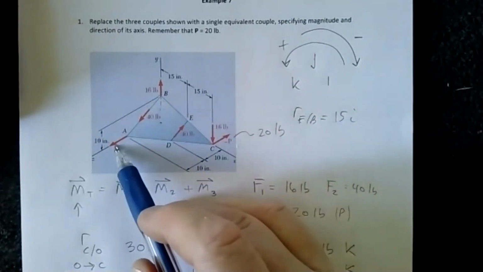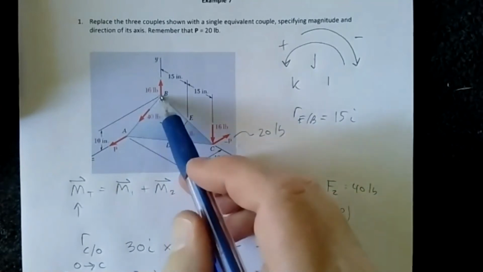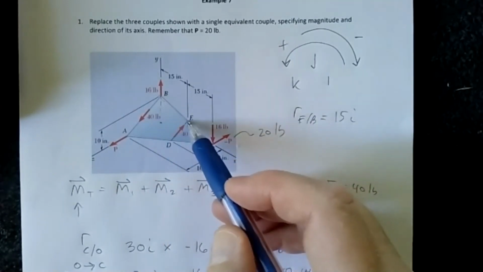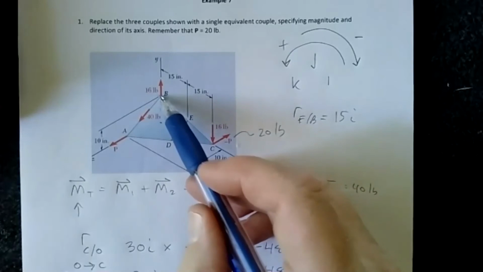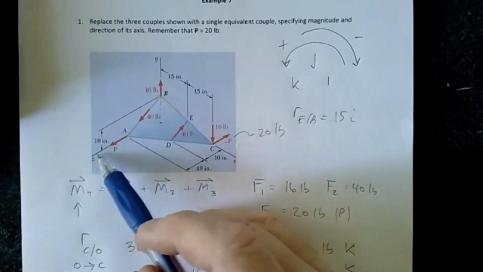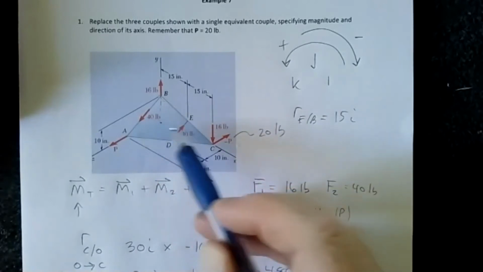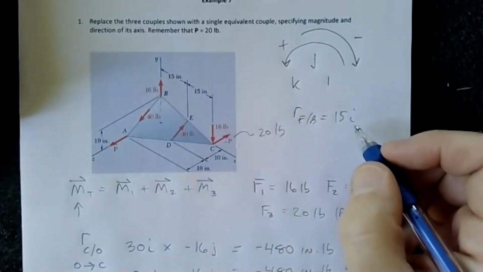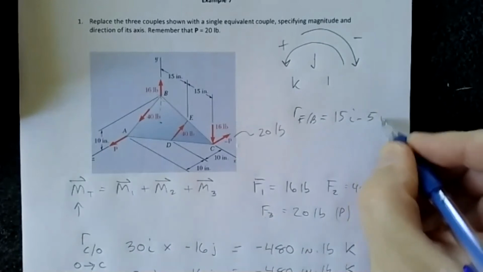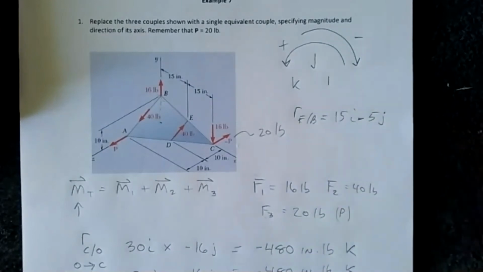Now, how do we know? Because we know that from here to here is halfway, and if we go from B all the way to C, we drop 10. So halfway, we drop 5. It's a similar triangle. So we write 15I minus 5J. All right, so that's that.